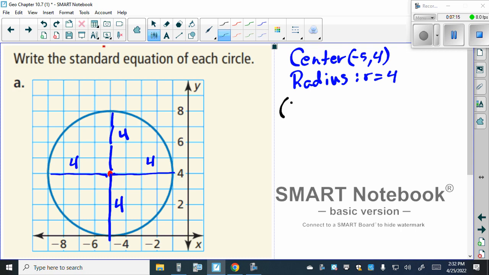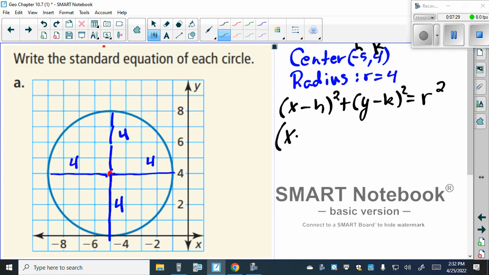Now the general equation was (x - h)² + (y - k)² = r². Now our value of h is -5, so we'll plug in -5.